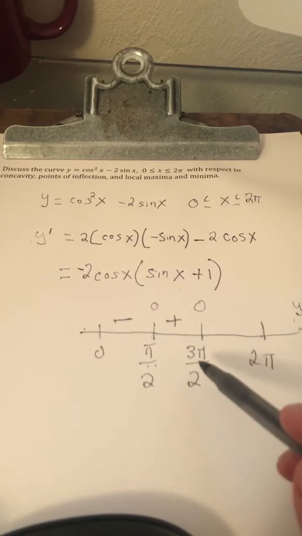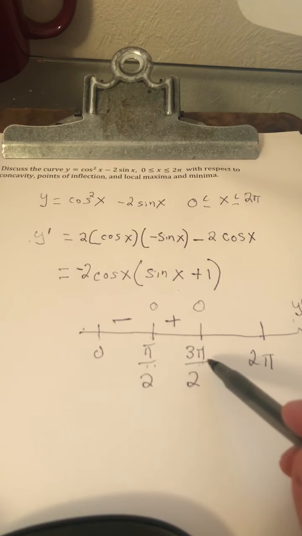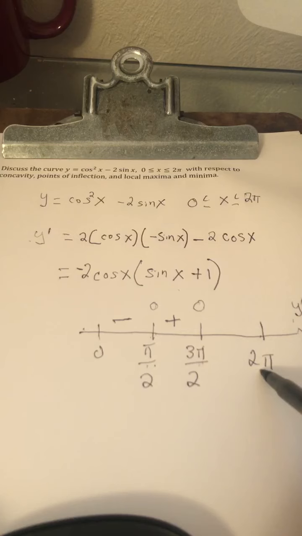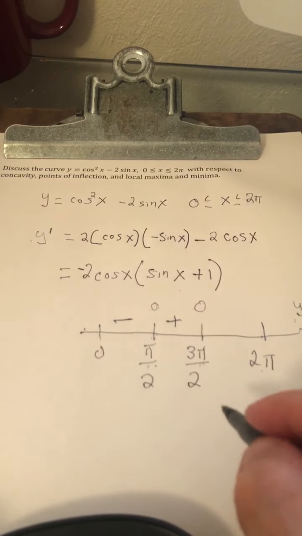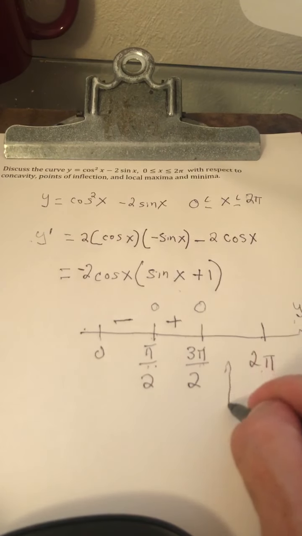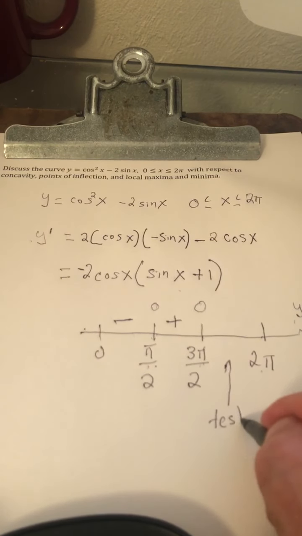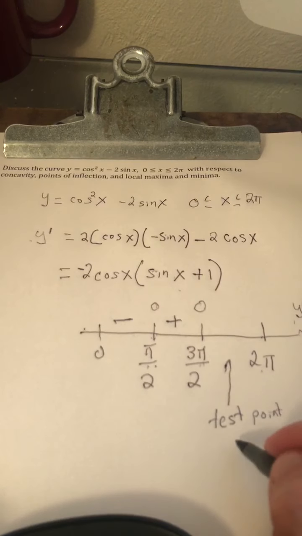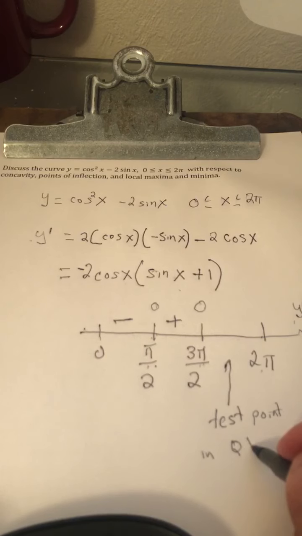And between 3 pi over 2 and 2 pi, again, what you can do is use a test point. The test point should be in the 4th quadrant.